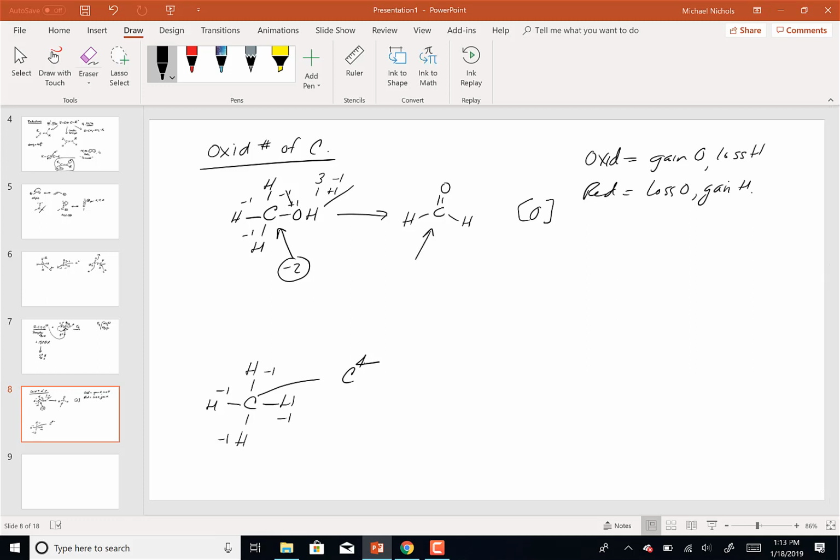Let's look at that. So for the aldehyde, what is it? Everybody have an answer? What is it? Dylan, you had your hand up. 0? Do we agree with that?